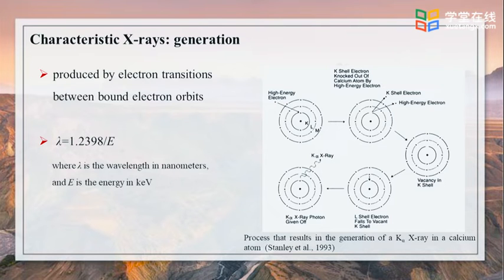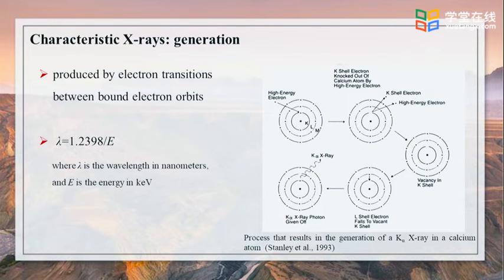The specimen atom has a vacancy in the inner shell and is ionized, which is an unstable state. An electron from a higher shell falls to the vacant inner shell. The atom now has an amount of excess energy equal to the difference between the two shells. This energy difference is commonly emitted in the form of an X-ray, resulting in the characteristic X-rays.